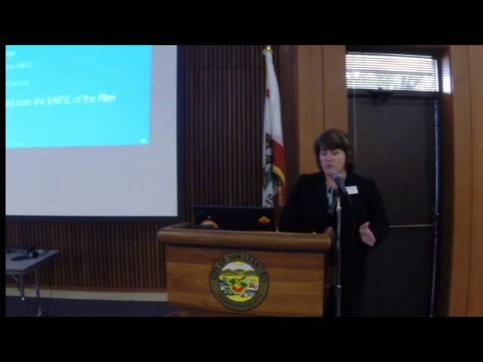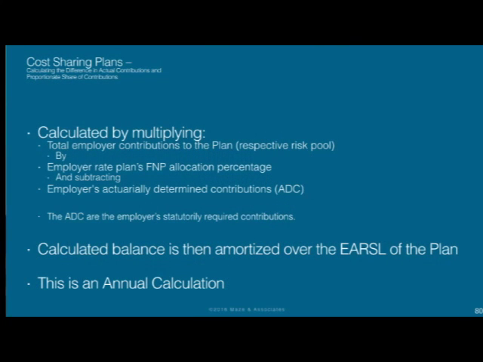So for the difference in actual contributions and proportionate share of contributions, you may or may not have calculated this amount last year. It is something that's an annual calculation that needs to be made each year. And it's taken by multiplying the total employer contributions to the plan for the respective risk pool, which I'll show you visually in a second, by the employer rate plan's fiduciary net position allocation percentage. So that comes out of that report that you're going to get off the CalPERS website.